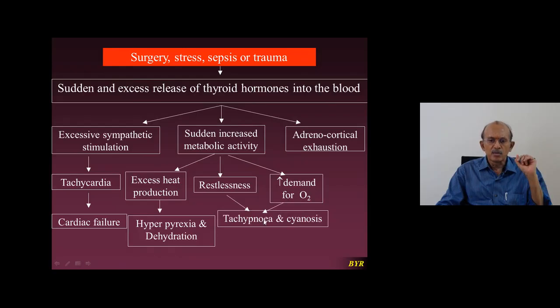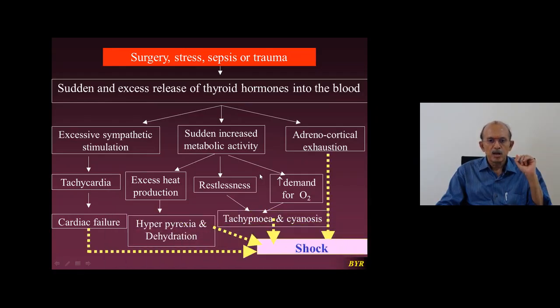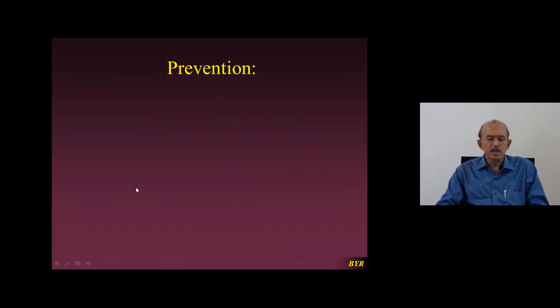Increased demand for oxygen produces tachypnea, dyspnea, and cyanosis. All these conditions can lead to shock. Any one of them can produce shock. But when all of them are there, it produces a severe shock which may lead to death of the patient.